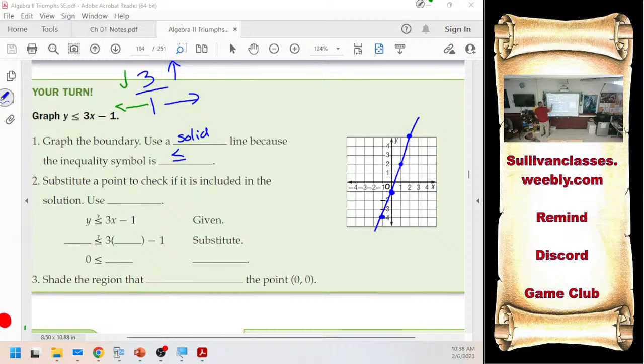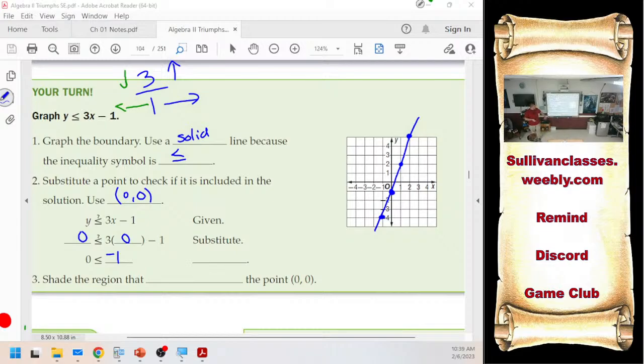So I'll try it. I'm going to use 0, 0 because that's the easiest point I can think of. If I plug a 0 in here, I get 0. If I plug a 0 in here, what is 3 times 0? -1. Is that a true statement or a false statement? 0 is less than or equal to -1.